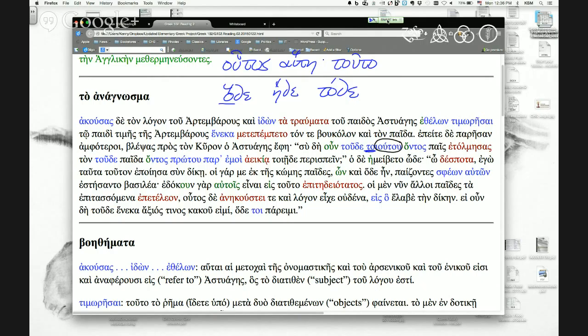What did we do here? What is this? Okay, so this would be frutos. This is in the genitive case, right? This becomes tutu.